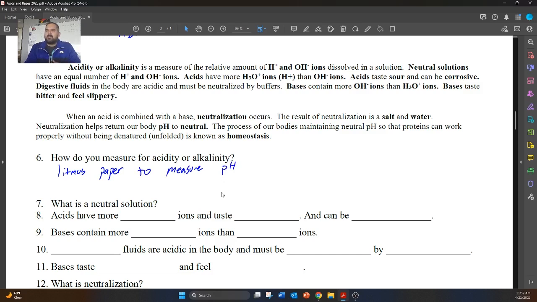All right, next person, number 7. They have an equal number of H plus and OH minus ions. All right, so they have an equal number of H plus and OH minus ions. Number 8, next person.